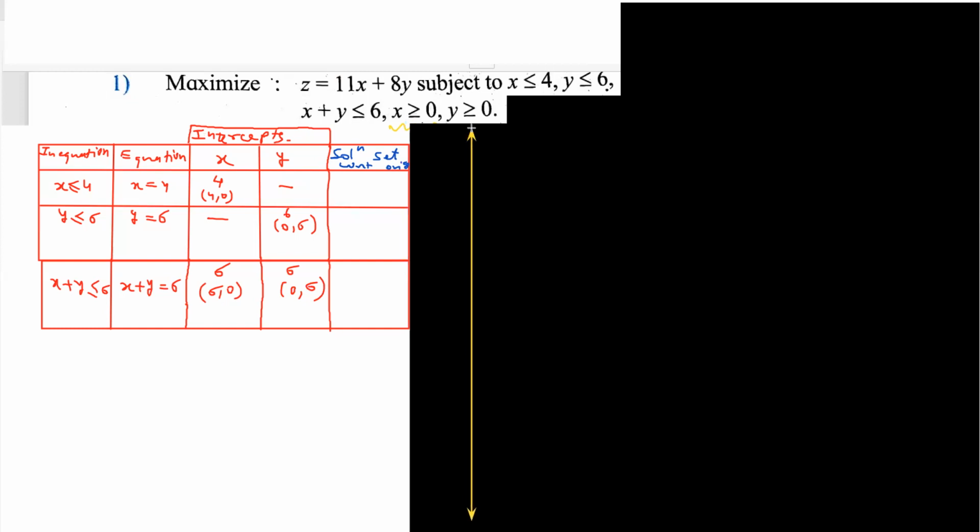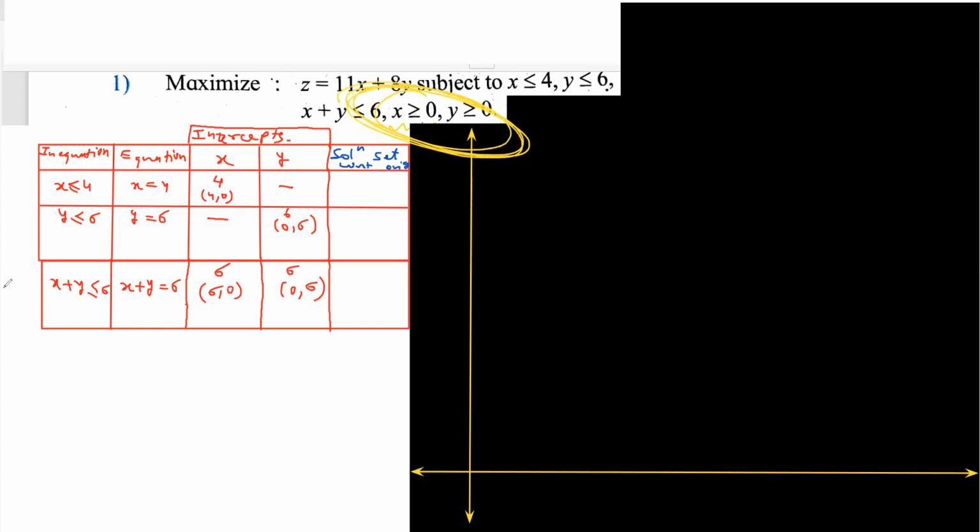Students, this is the y-axis and here I have the x-axis. And remember one thing, since I have the non-negative constraints, I don't have to have the prominent second, third, and fourth quadrant. Everything will be in the first quadrant. So for name's sake, I have drawn the second, third, and fourth quadrant.